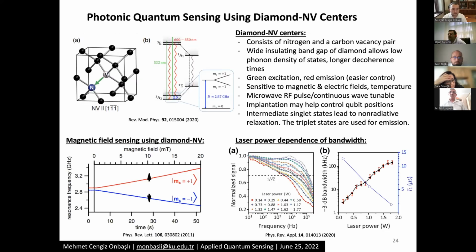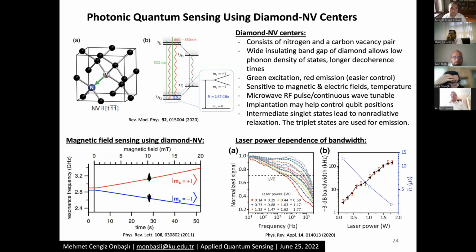Diamond NV sensors are actually quite commonly used because they help us retain information over longer periods of time due to the wide band gap of diamonds. This reduces the phonon density of states and causes longer decoherence times.